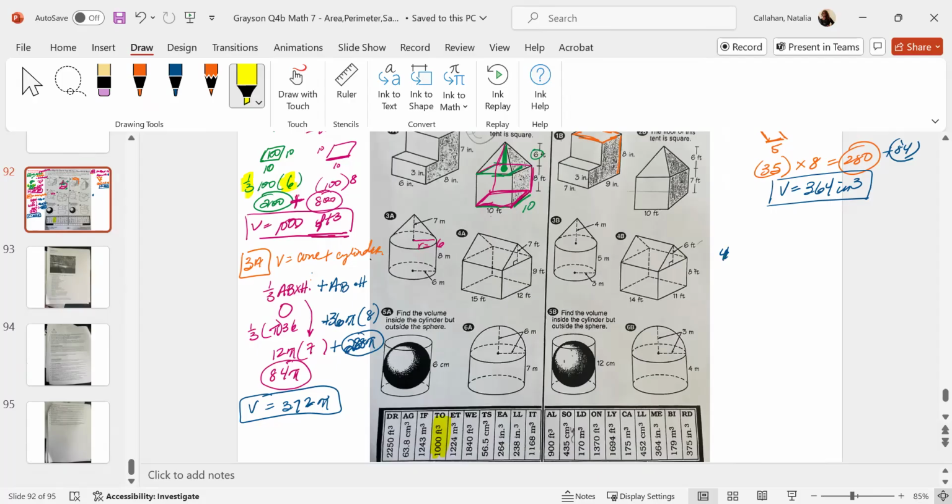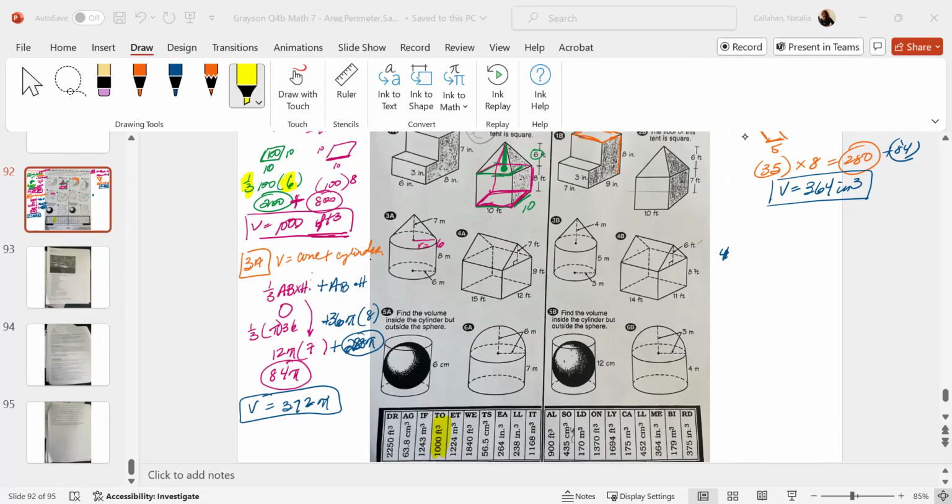Let me check to see what we did wrong. Area of the base is 6 squared, times, oh wait. No, that's correct. Divided by 3, 84. No, that's correct. The reason it doesn't have it is because the answers do not have pi on any of them.